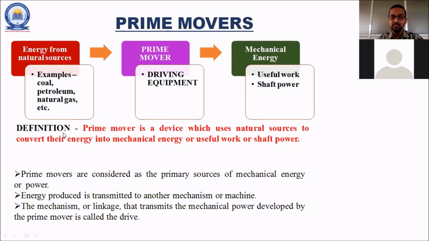I am repeating the prime mover definition once again because it is one of the most important points considering the examination. A prime mover is a device which uses the natural sources to convert their energy into mechanical energy or useful work or shaft power. Proceeding further, the prime movers are considered as the primary or elementary sources for the production of mechanical energy or mechanical power.